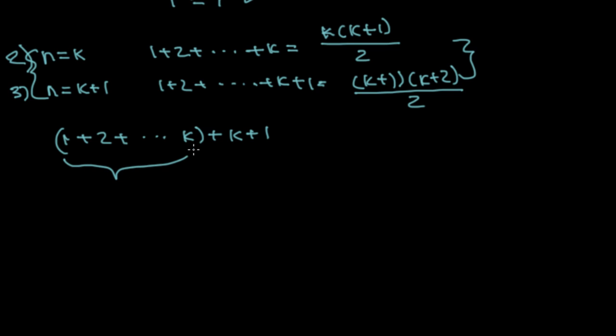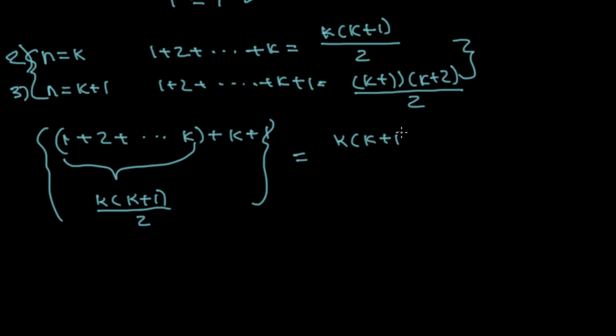So we can rewrite this part as k times k plus 1 over 2. So let's just simplify this expression right here. We can simplify this as k times k plus 1 over 2 plus k plus 1.